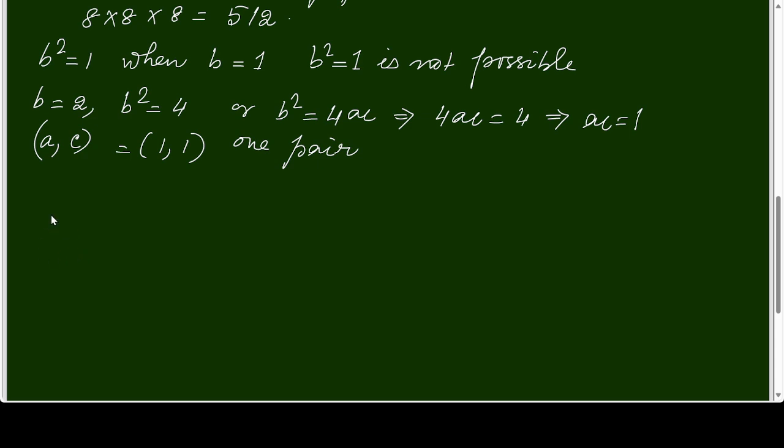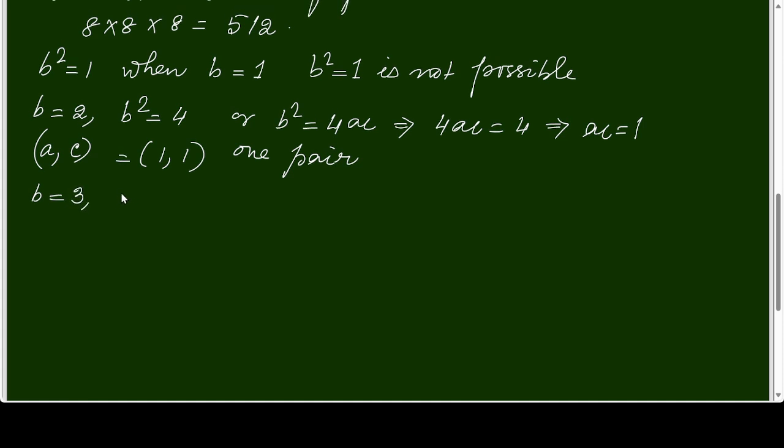Next, coming to b equals to 3, when b equals to 3, b square equals to 9. So this is not possible because b square is not equal to 4 times of ac. So next, coming to b equals to 4, that time b square equals to 16, that is equal to 4 times of ac.